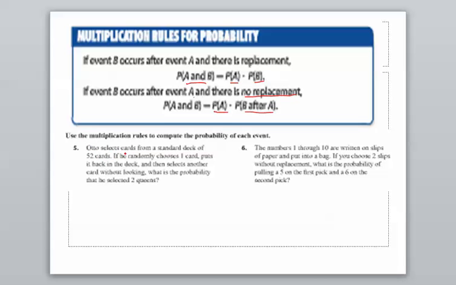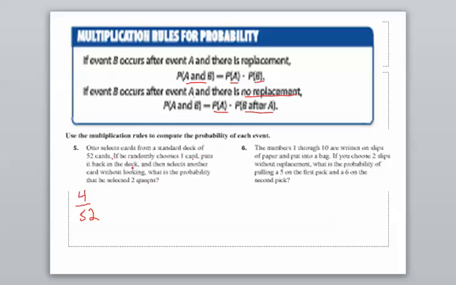It says Otto selects cards from a standard deck of 52 cards. If he randomly chooses one card and puts it back in the deck, and then selects another card without looking, what is the probability that he selected 2 queens? So the probability of getting a queen is 4 out of 52, because there's 4 queens in a deck of 52 cards.